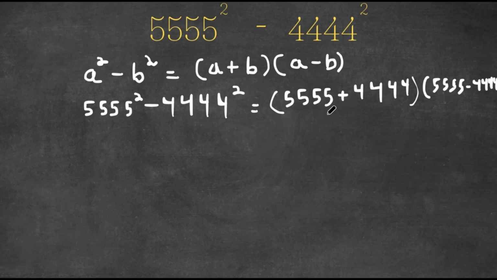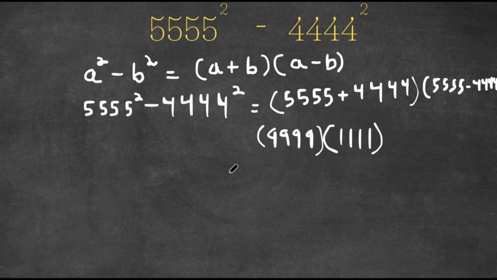So now 5,555 plus 4,444, that is simply 9,999. So we have this times 5,555 minus 4,444 is 1,111.